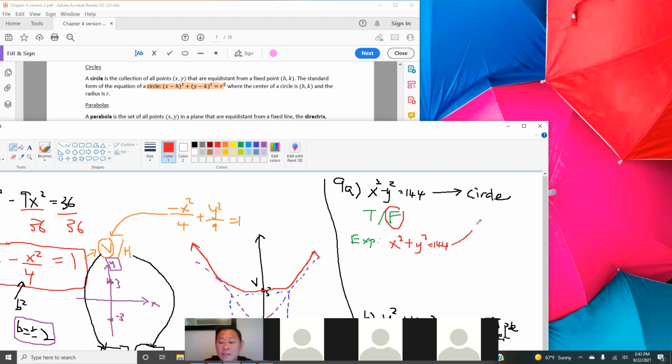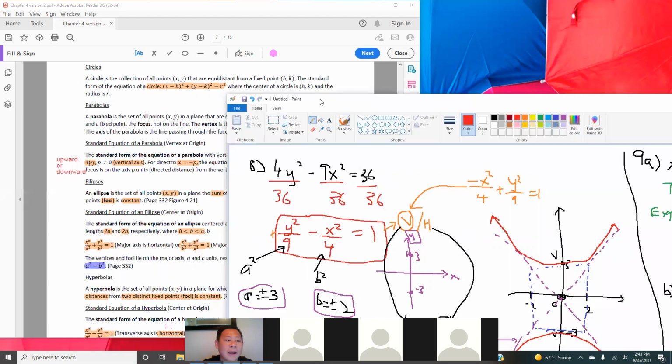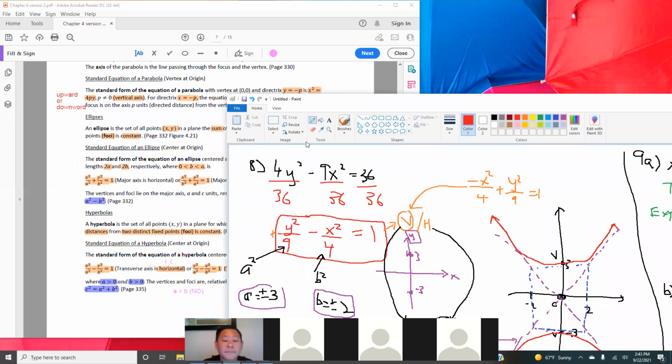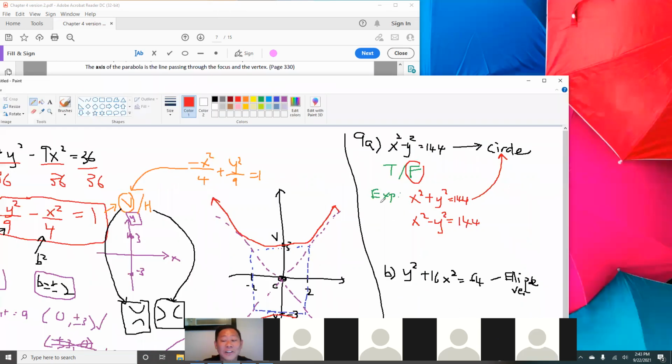So that would be a circle. But if you want to use the minus, then which one gives us a minus sign? Circles, parabola, ellipse, or hyperbola? Hyperbola. Yes, this is a hyperbola.